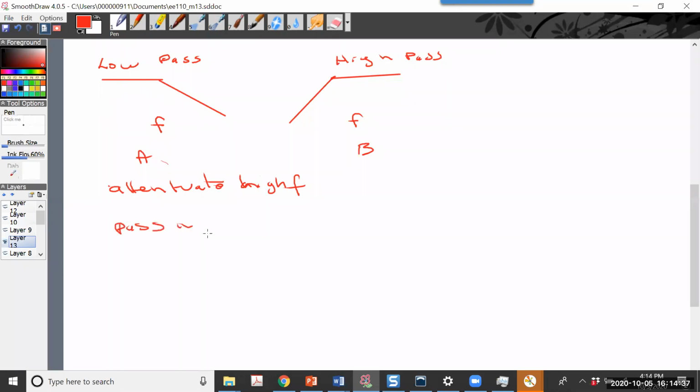and passing low, well, if I have a step response, it's DC here and it's DC here. So a low pass filter will start off at 0 and then end up at some DC value, which could be negative.